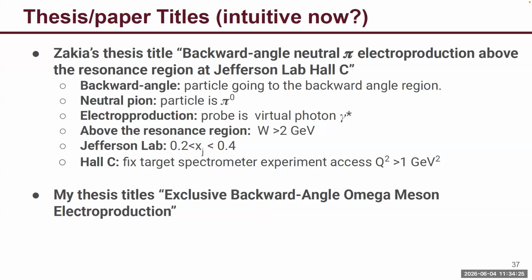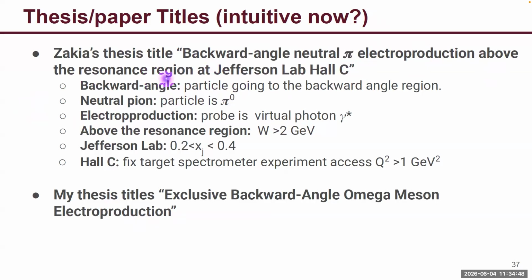Then the last thing before we all go for lunch is that I want to come back and brush up on this particular thesis title. So remember, Zakia's thesis title is Backward Angle Neutral Pion Electroproduction Above the Resonance Region at Jefferson Lab Hall C. So does that make a little more sense now?